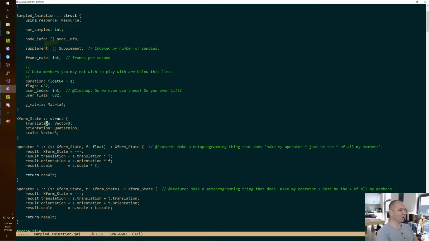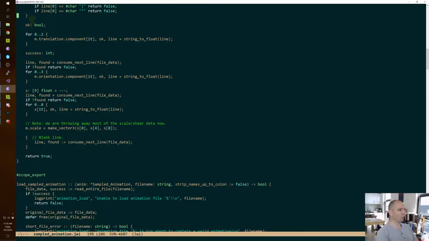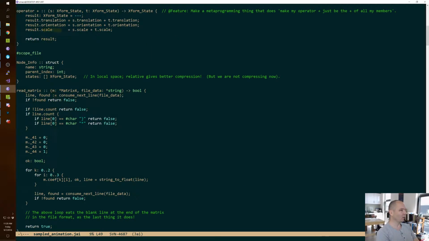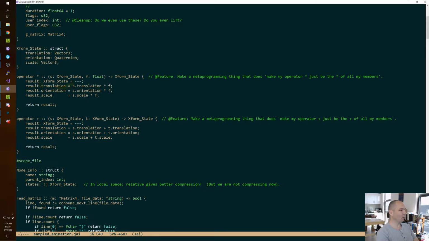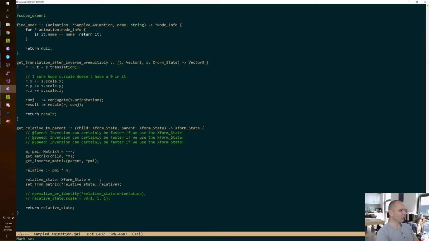Eventually we're not going to be doing all this work that we do to parse the text file and some of the stuff we did on the other stream, like record the footsteps and translate into local space.